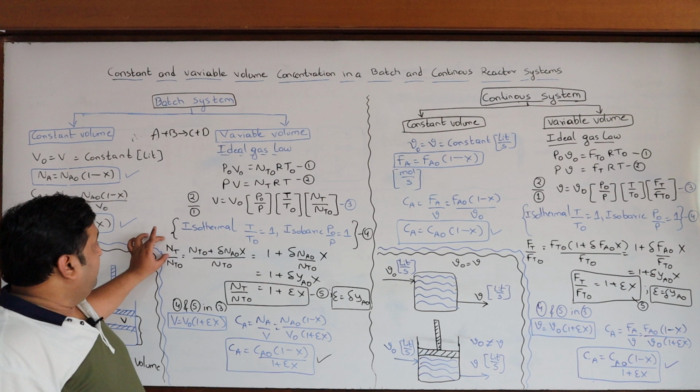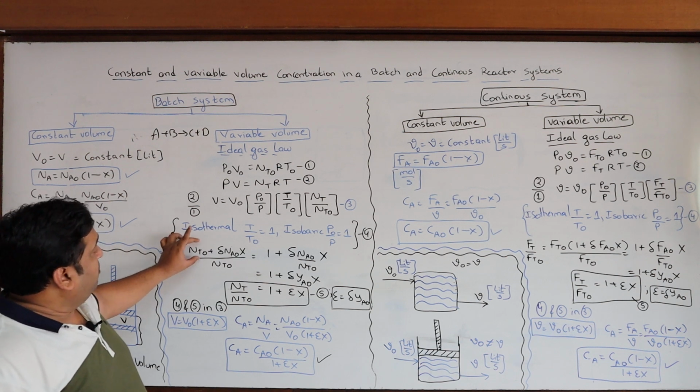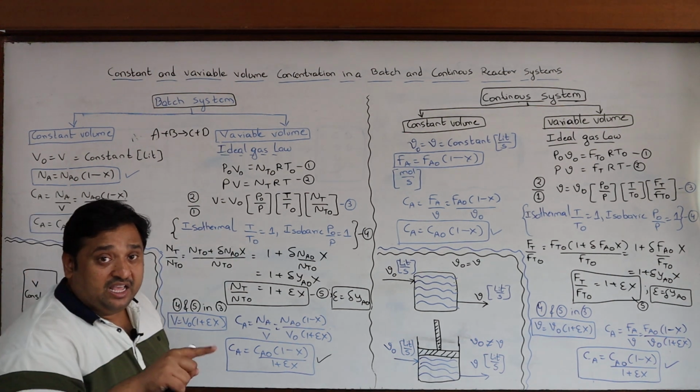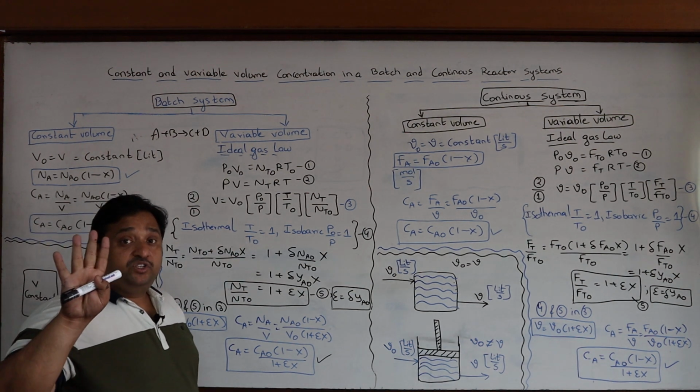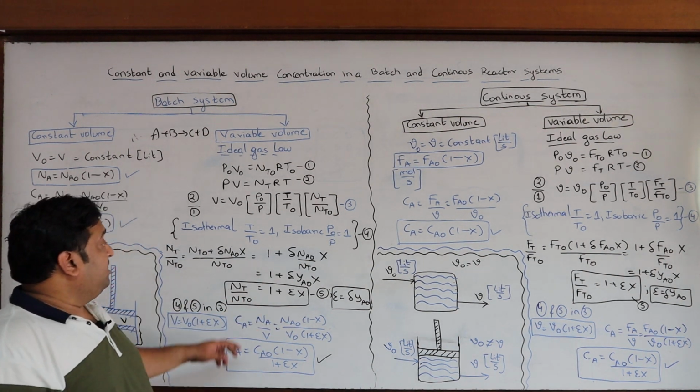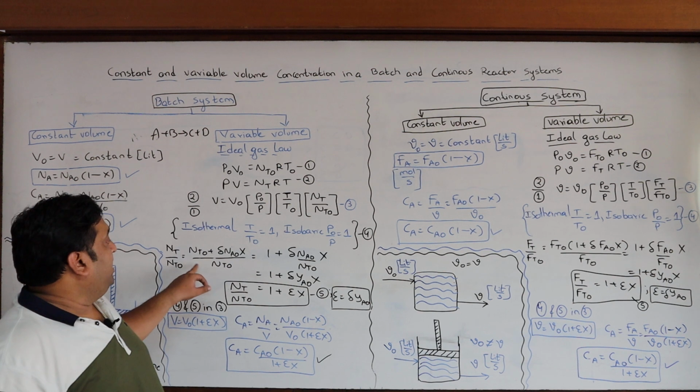I know from the previous class, final total moles is equal to initial total moles plus delta Na0 into x. You know delta is equal to the stoichiometric coefficients of the products minus the stoichiometric coefficients of the reactants. Na0 x is my conversion divided by NT0.